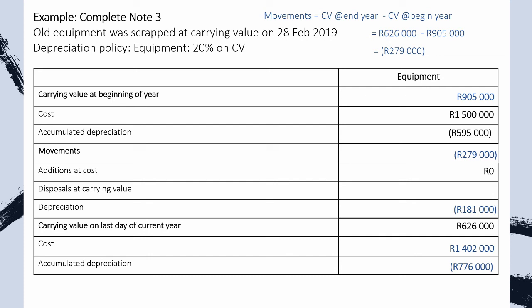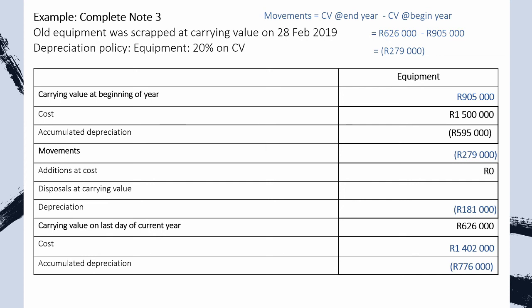We did have disposals in this case, and we did have depreciation, which has a negative impact on our assets because first of all we sold an asset, so we don't have that asset anymore, and depreciation subtracts from our asset value. So how do we calculate disposals now?